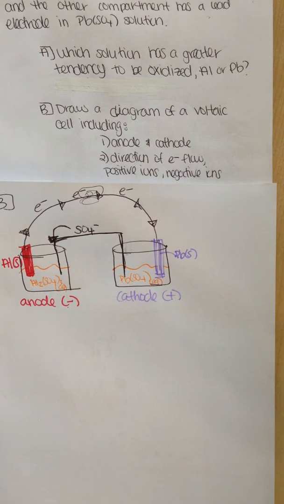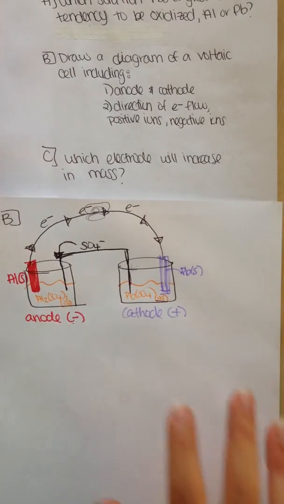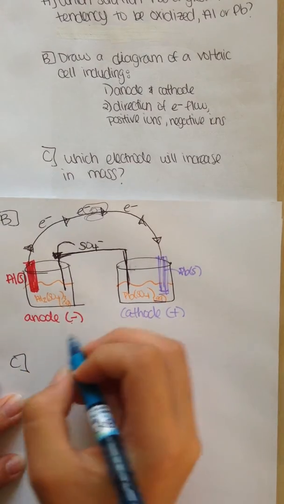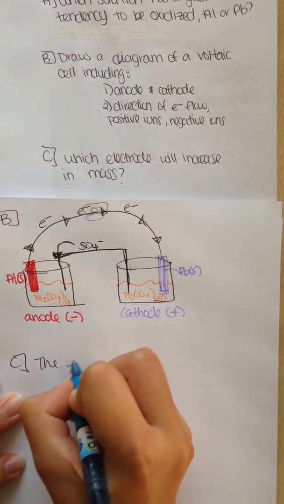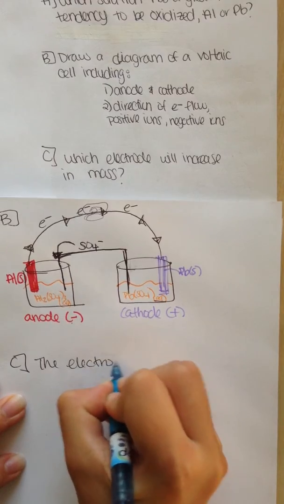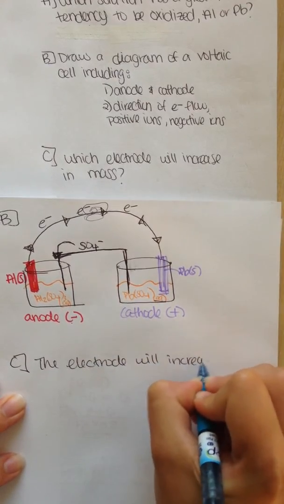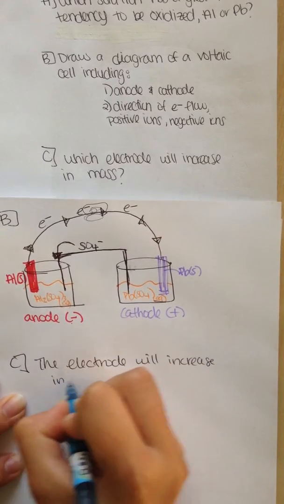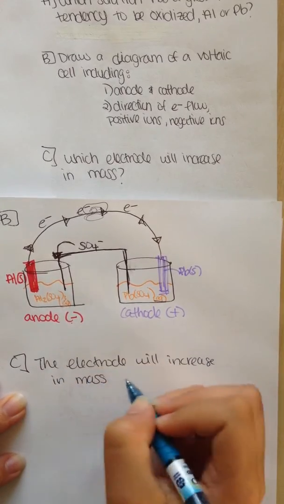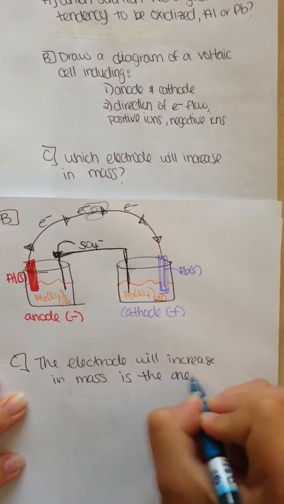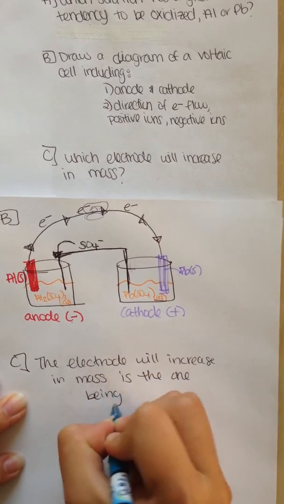So for part C, it says which electrode will increase in mass. By definition, the electrode that will increase in mass is the one being reduced.